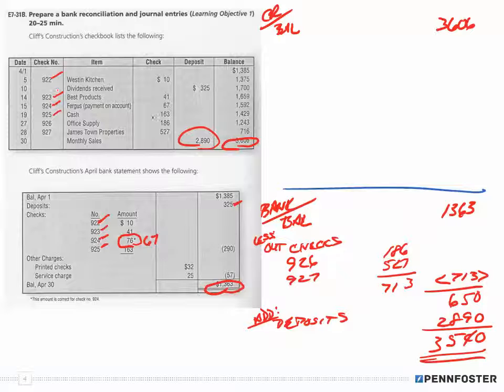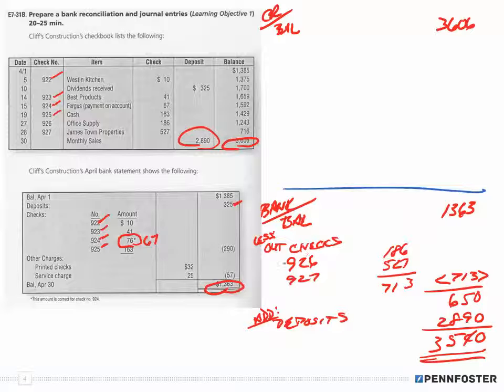Remember, all we're doing here is looking at what is in my check register that is not on my bank statement, and I'm adding those amounts.